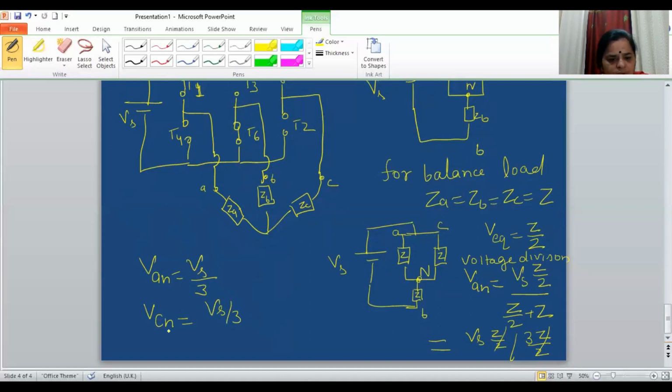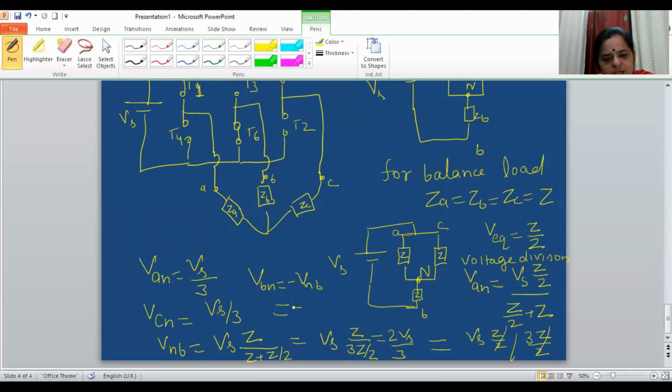Now, if you want to calculate VNB, VNB is equal to Vs into Z upon Z plus Z by 2. So what I am going to get? Vs Z upon 3Z by 2. So what I am going to get? 2 Vs by 3. So VNB is 2 Vs by 3, but my job is to calculate VBN, that is minus VNB.